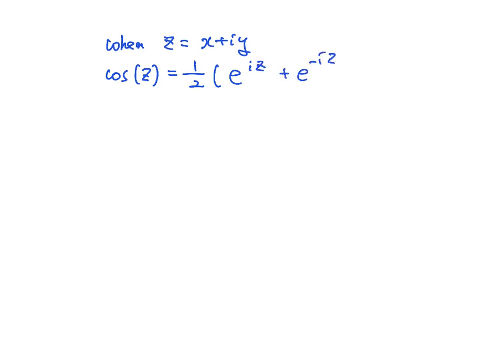Then when z is x plus iy, cosine z is 1/2 exponential iz plus exponential minus iz. Because we assume that Euler's formula is always true, whether the argument is real or complex.